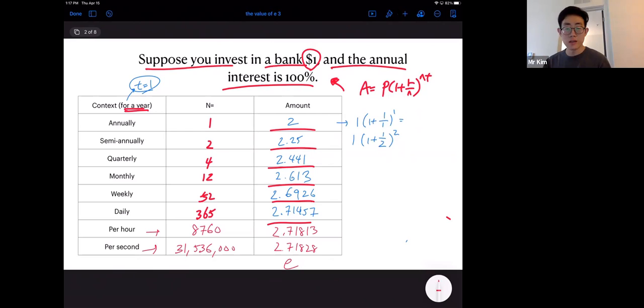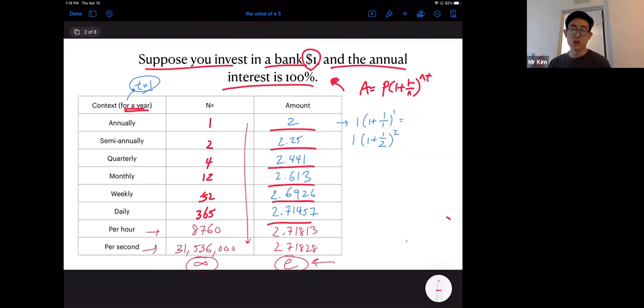Now, the value of e is basically when the end value gets so infinitely large that you take what we call the limit of it. And so when n approaches infinity, the amount that you're going to get that $1 investment is going to turn into is about 2.71828.